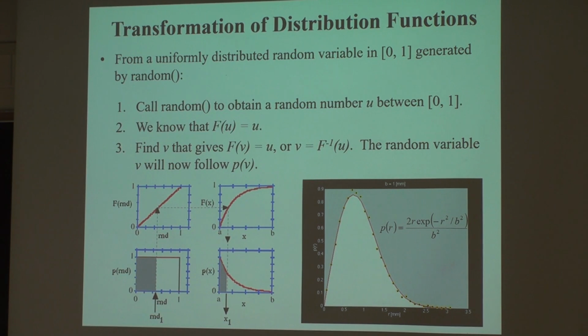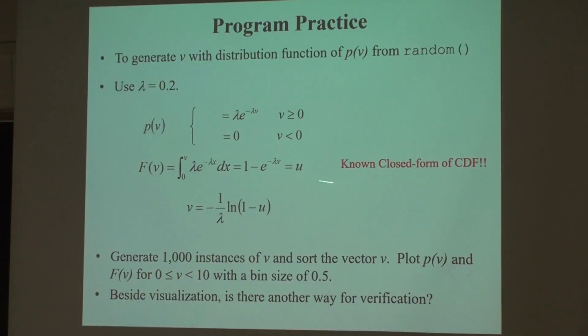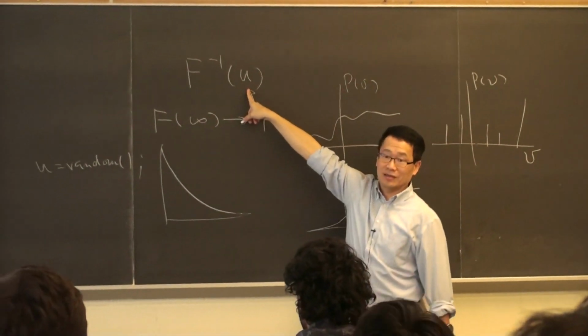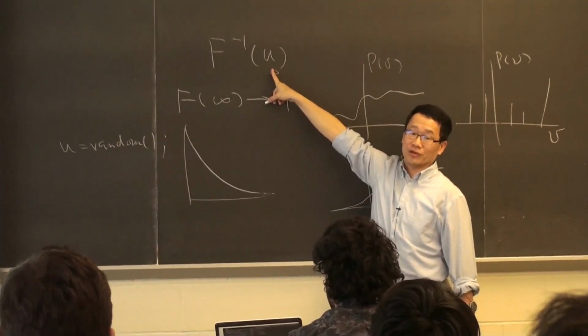Let's try it. This is actually something that in Monte Carlo you do every day. And this is a known closed form CDF, so you actually can implement this. Mapping of that is nothing but finding this. This is your uniform distribution function.